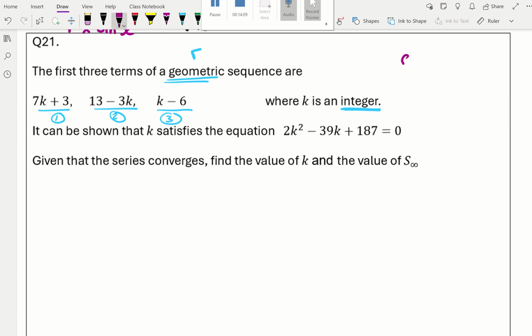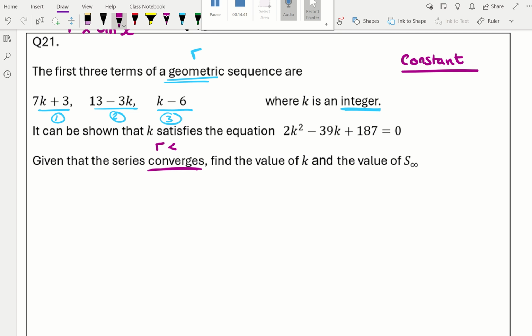The word constant is different. The word constant means it's a number, but it can be a fraction. Integer means a whole number. It can be shown that k satisfies the equation 2k squared minus 39k plus 187 equals 0. Given that the series converges, that means that R is smaller.